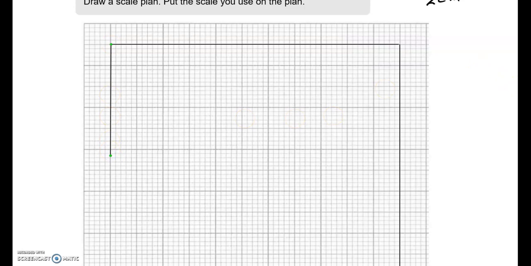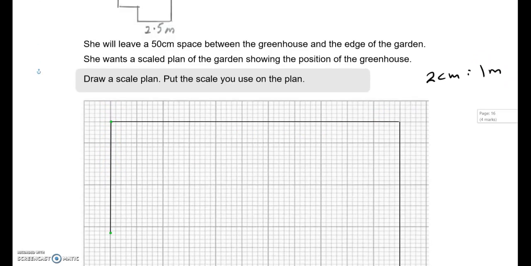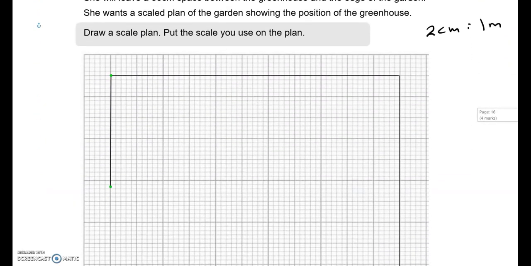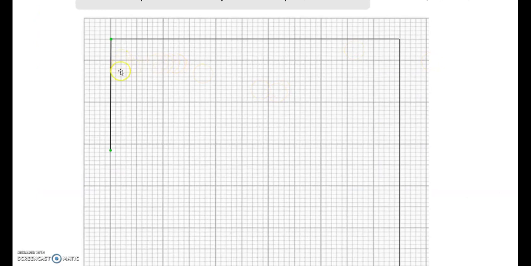Okay, let's see how many squares we need to go down here. So it's 4 meters, it's going to be 8 squares. 1, 2, 3, 4, 5, 6, 7, 8.